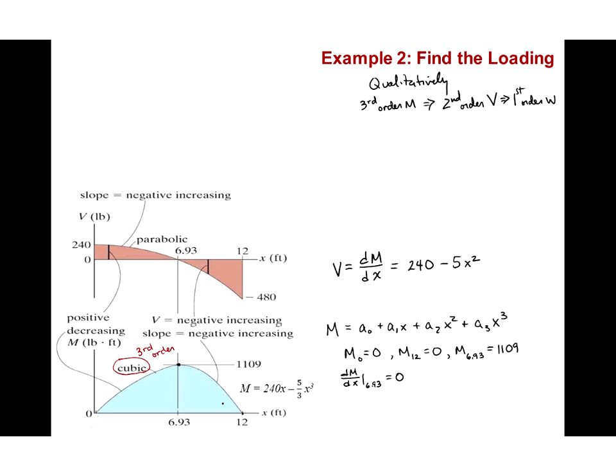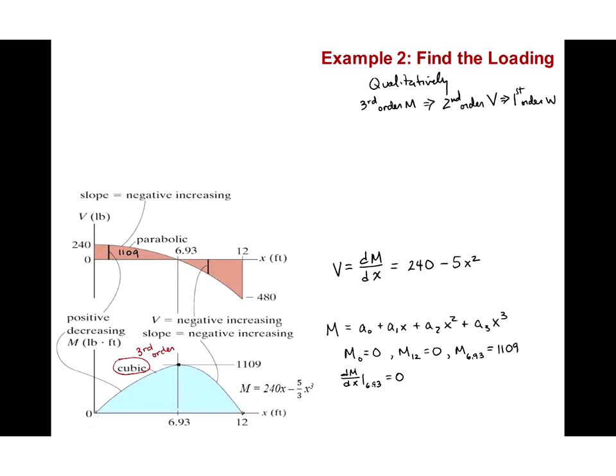And it's worth pointing out that as we go from M equals 0 up to M equals 1109, V, the area under this curve, must be equal to that change in M. Or in other words, the area of this region must be 1109.